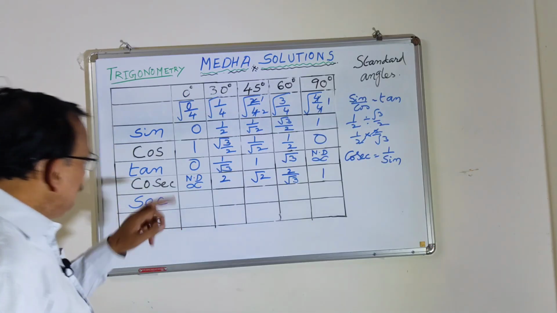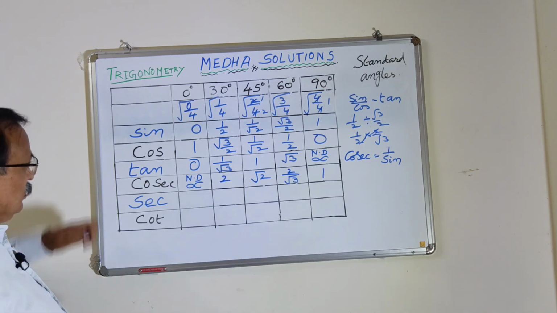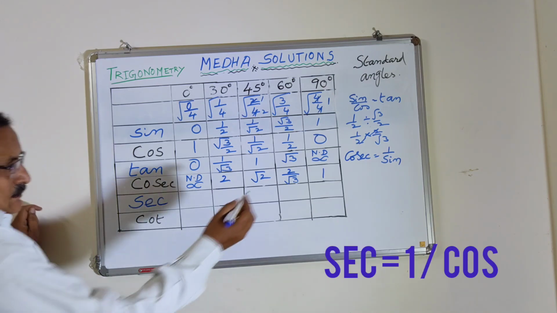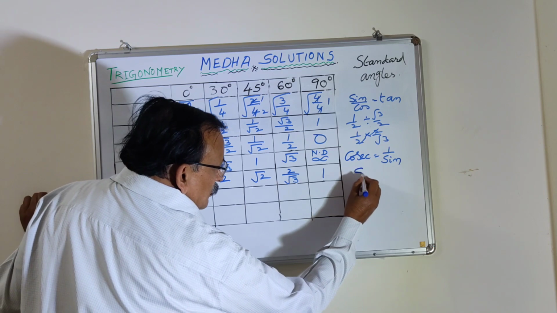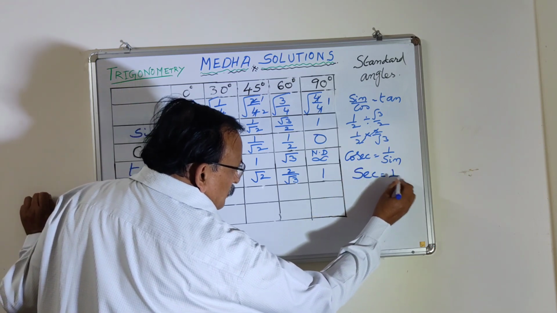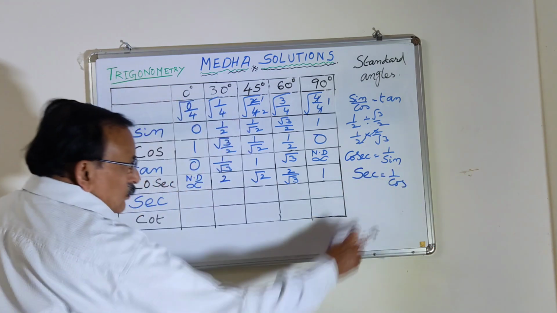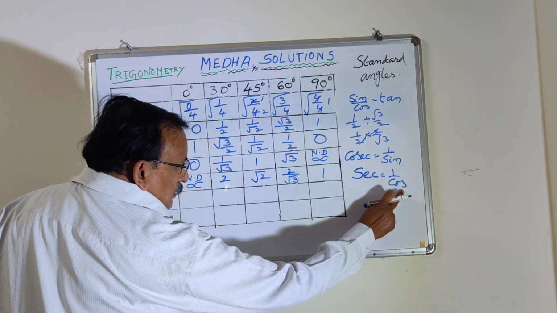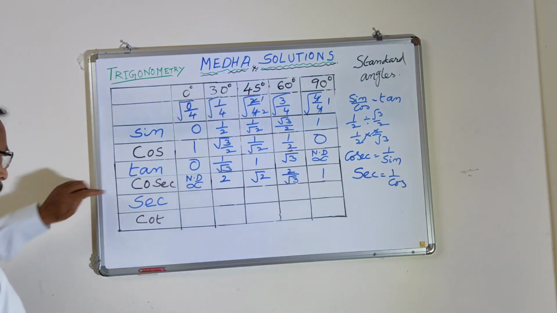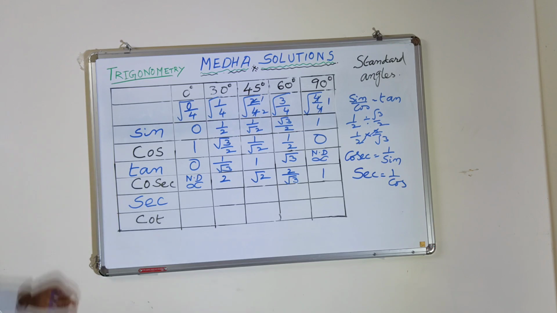So sec values: sec is equal to 1 by cos. If you know the cos value, you can write it over here and you will get the value of sec. That is, both sec and cos are inverse functions.